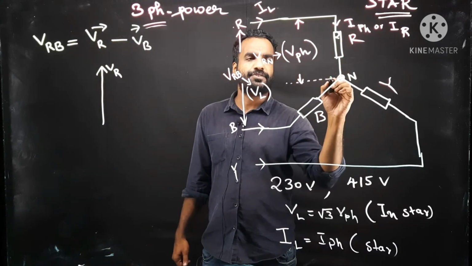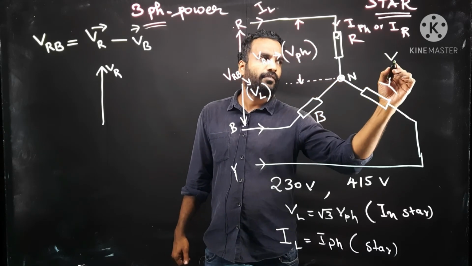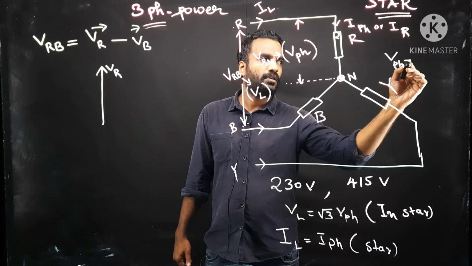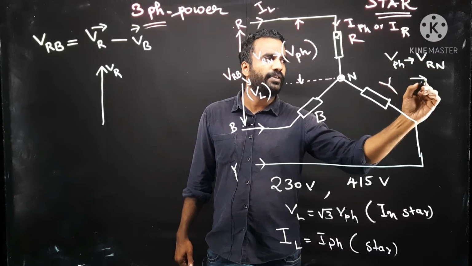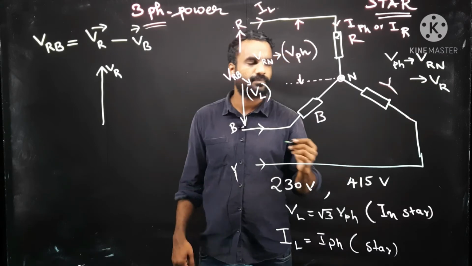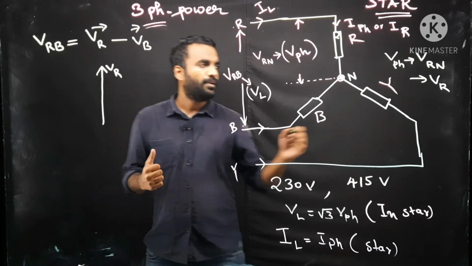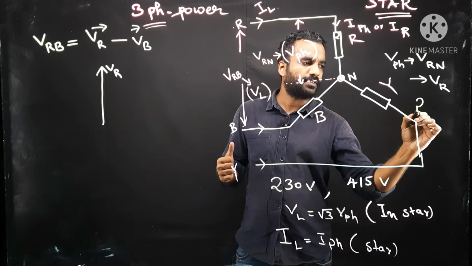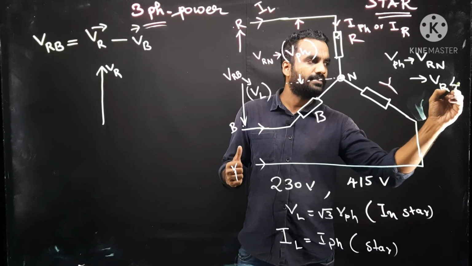VR is the voltage between R phase and neutral, V phase, or simply we can write it as VR. Take it as reference. It will be VR angle 0 degree.